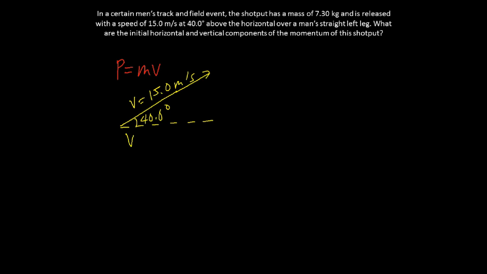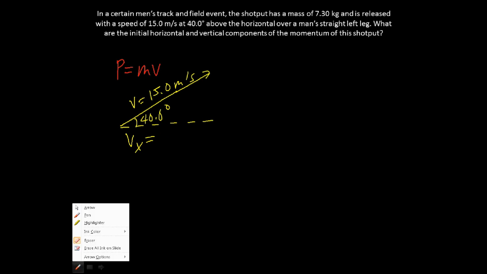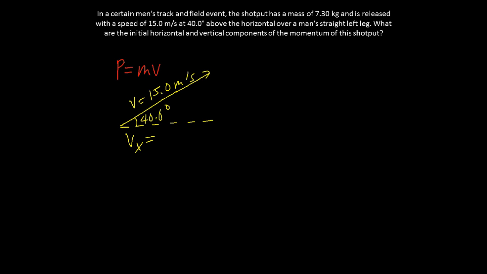Now for sure the x component of the velocity, if we're going to use SOHCAHTOA, will be... Oops, I'm going to erase that one. That will be 15.0 meters per second, so adjacent over hypotenuse, that will be cosine 40.0 degrees, because the x component is the adjacent side of the angle.